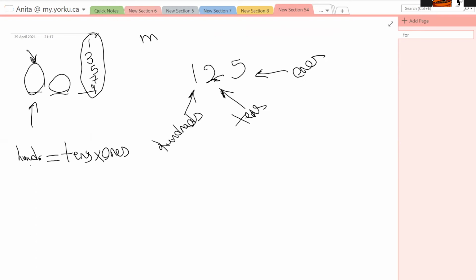Let me know first what number can go here instead of tens. 9 can go. What else? 1, 2, 3, 4, 5, 6, 7, 8, 9, and 0 as well.